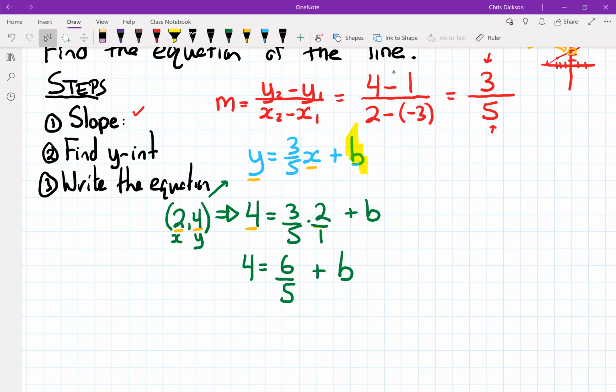Well, I'm going to use that little technique we talked about in the previous chapter, how we can get rid of fractions here. Otherwise, I'm going to have to bring the 6/5 over and subtract 6/5, which, if you're comfortable working with fractions, that's fine. But I'm going to multiply by the LCD here. So I'm going to take this equation and times everything by the LCD. So my lowest common denominator is 5 here, so I'm going to times everything by 5.